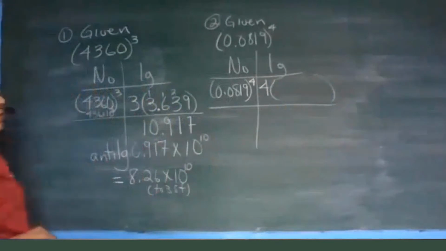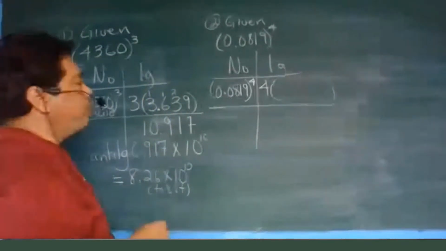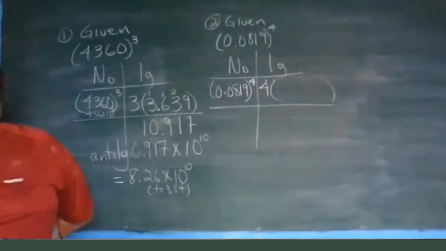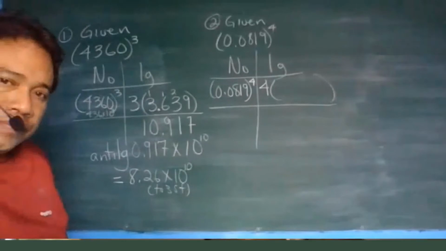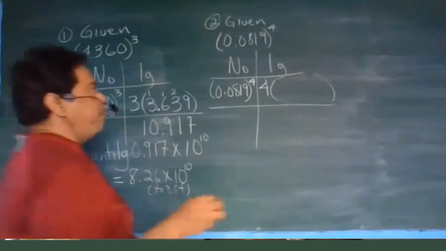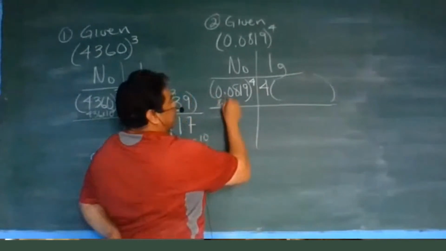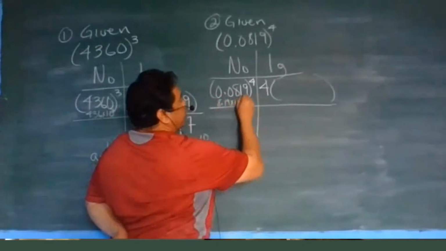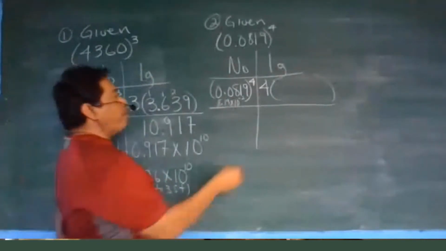Now, what is the characteristic for 0.0819? -2. Right, there is no negative, but we call it negative if you put it as 8.19 times 10 to the -2. But in logs, there is no -2, so we call it bar 2.